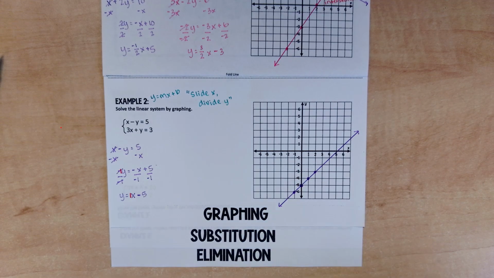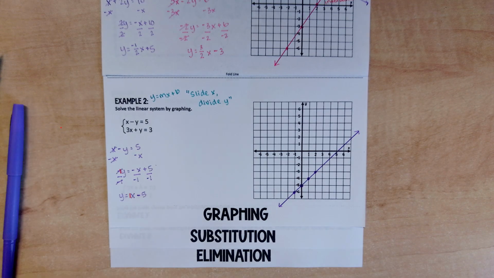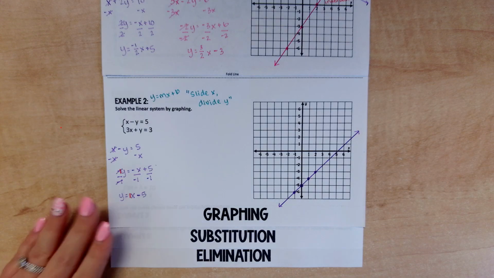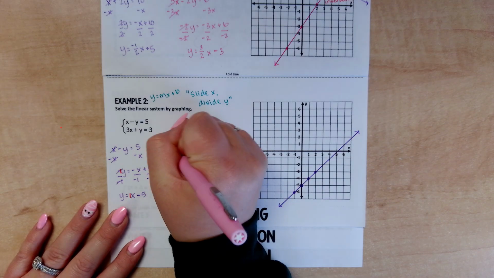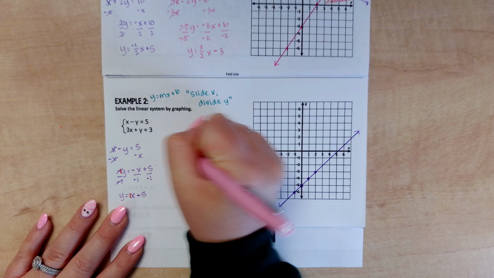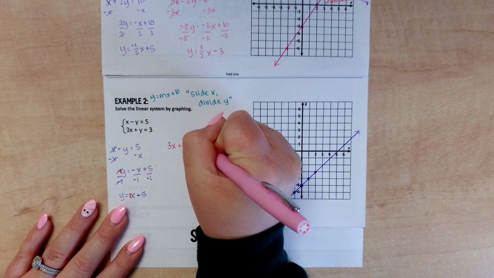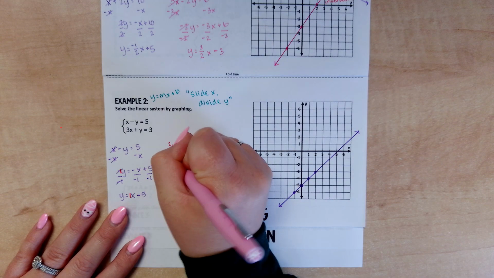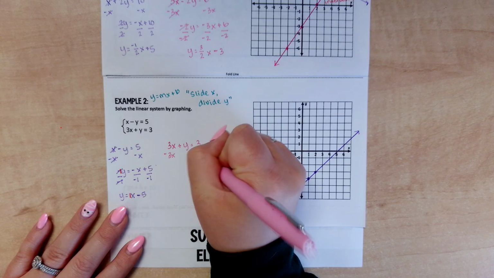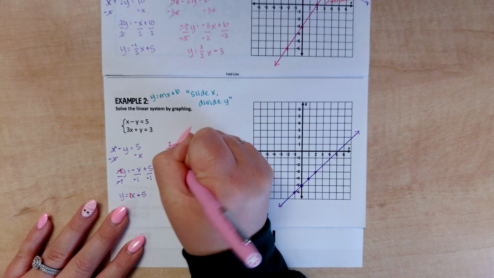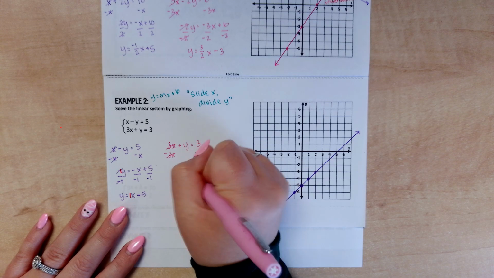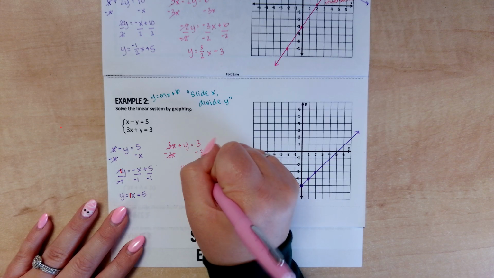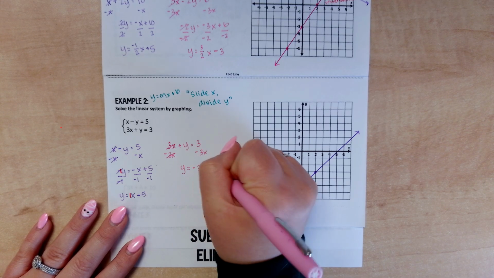Then you do the same thing for the other equation. Get my pens out of the way. 3x plus y equals 3. Okay? Slide the x. 3x's cancel. I'm left with y equals negative 3x plus 3.